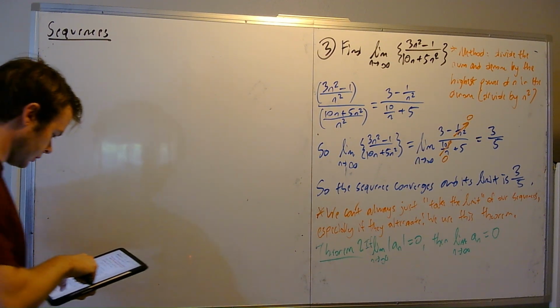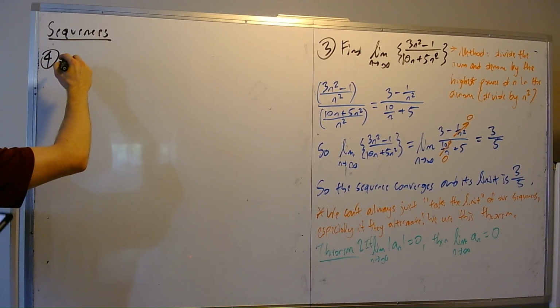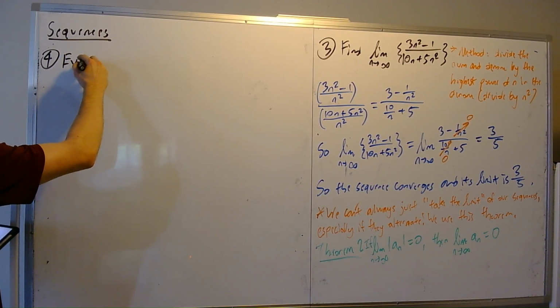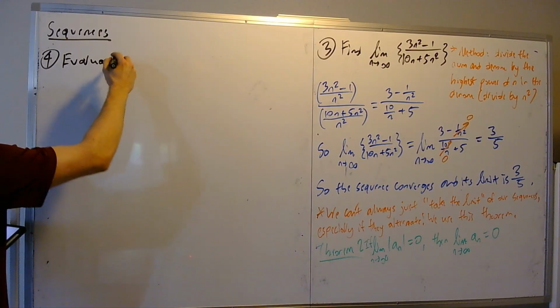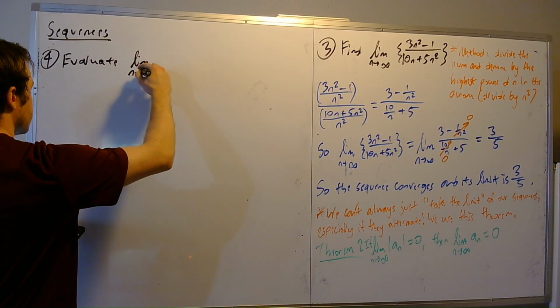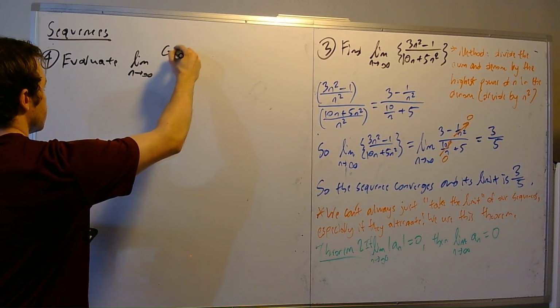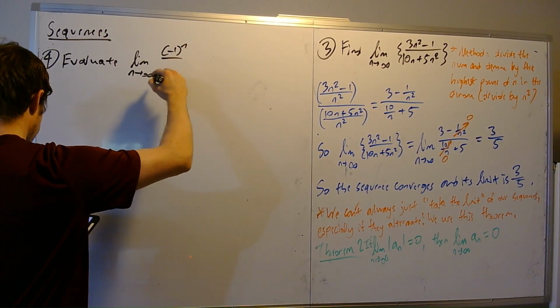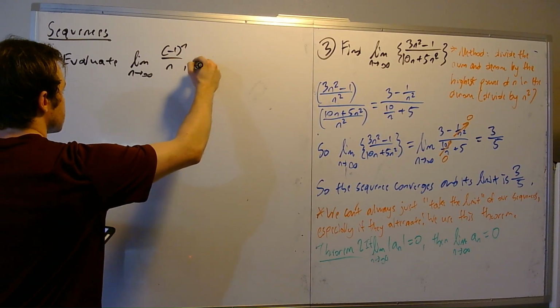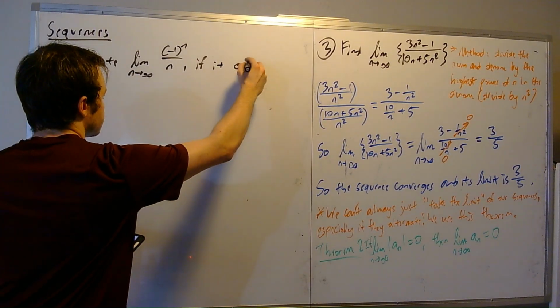Example number 4 is going to say evaluate the limit as n goes to infinity of (-1) to the n over n, if it exists.